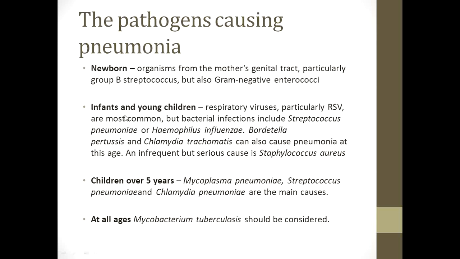If we talk about infants and young children, the viruses like respiratory syncytial virus (RSV) are most common, but bacterial infections like Streptococcus pneumoniae, Haemophilus influenzae, and atypical bacteria like Bordetella pertussis and Chlamydia trachomatis can also cause pneumonia in this age group, along with Staph aureus.